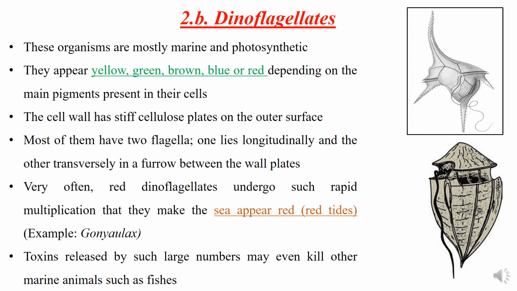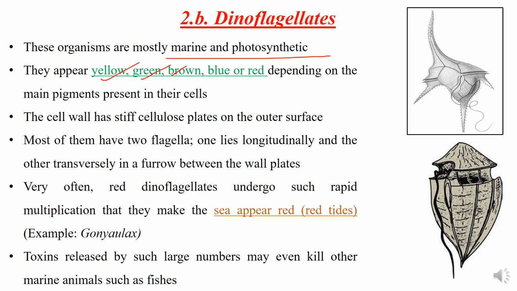Coming to the dinoflagellates, the name itself indicates that they have two flagella. Obviously one is longitudinal, one is transverse. Dinoflagellates are mostly marine and photosynthetic. They synthesize their own food material, and they appear in different colors, yellow, green, brown, blue or red, depending upon the presence of pigments in their cells.